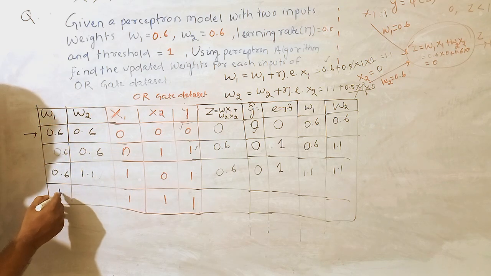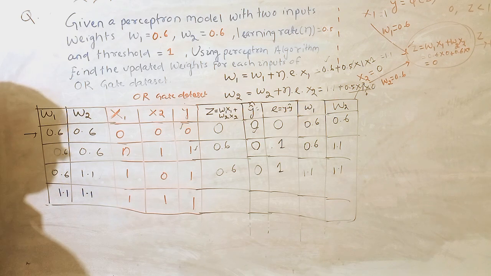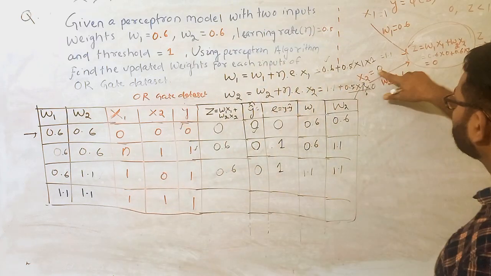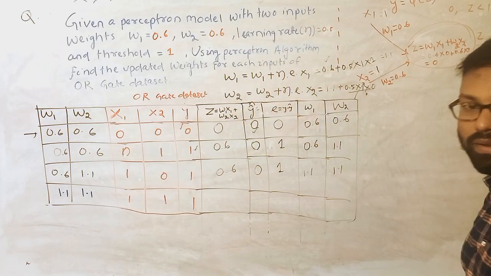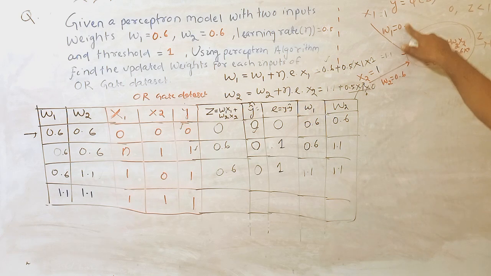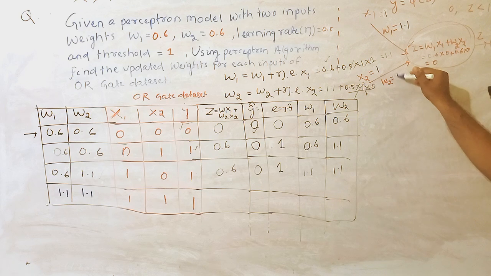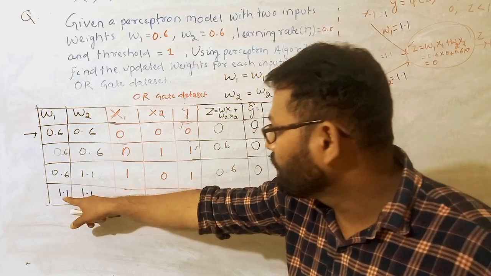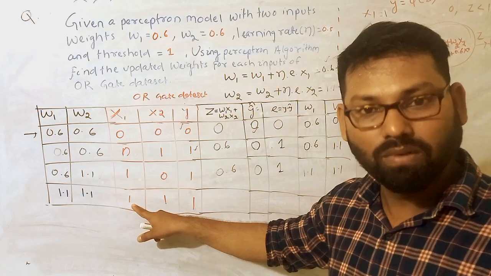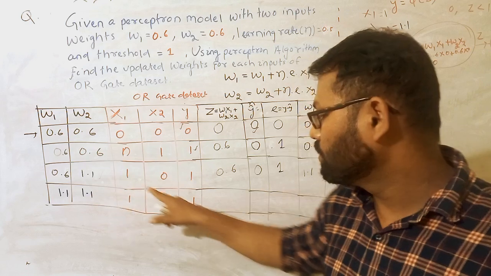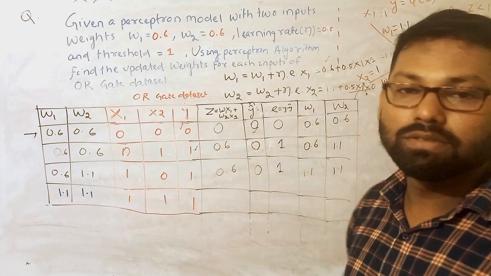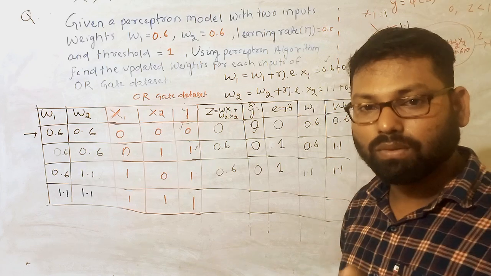Okay, now coming here, we can use this 1.1. Now you take that. So now my x1 is 1, my x2 is also 1, both are 1. And what are the weights I have now? My weights are 1.1 and 1.1. Find the z value directly. 1.1 into 1, that is 1.1, plus 1.1 into 1, that is 1.1. 1.1 plus 1.1, that is 2.2.